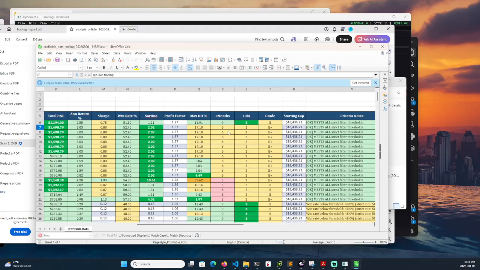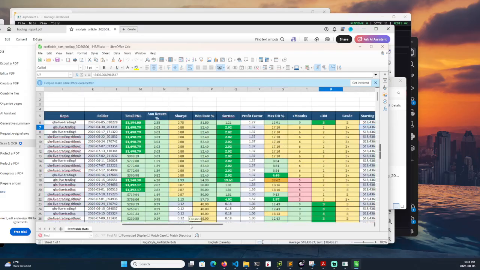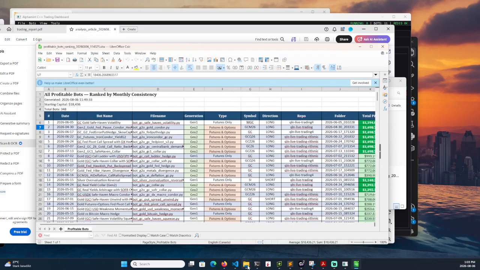So out of nine, like out of the year, only six were profitable. Out of 3 months, 2 out of 3 months were profitable. This gets a grade of 2.22 B plus. Starting capital at 18,000, and this, as you can see, meets all strict filter thresholds. So from that perspective, that's a good strategy.